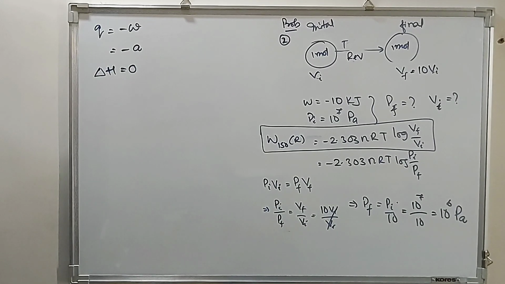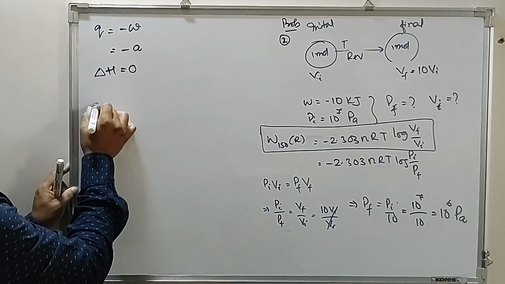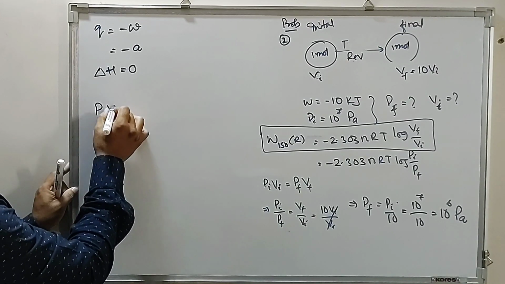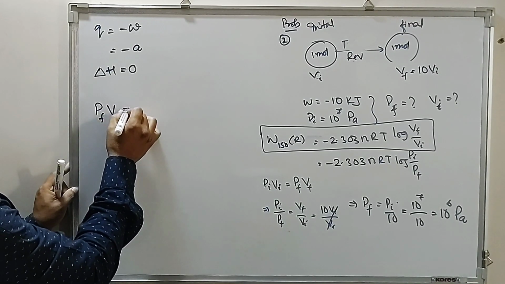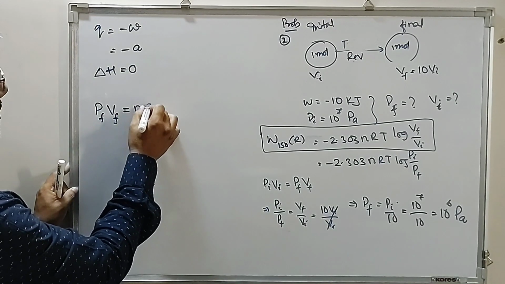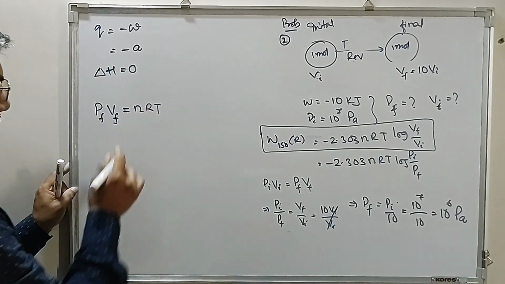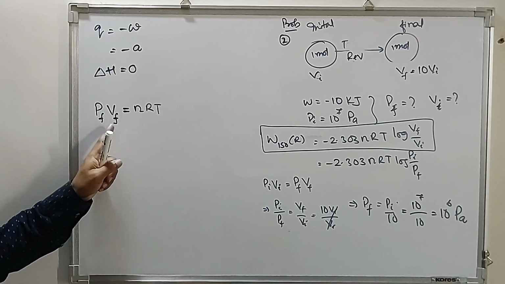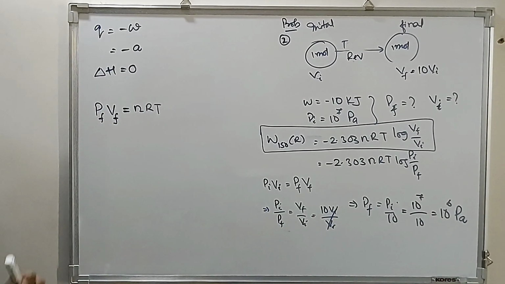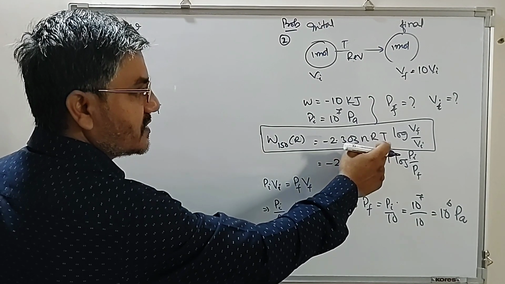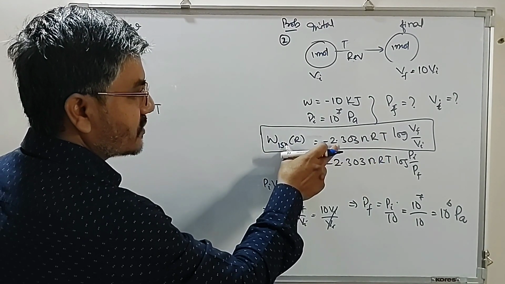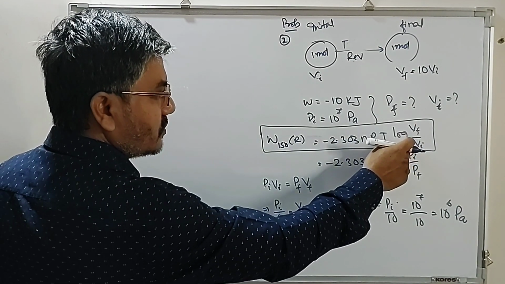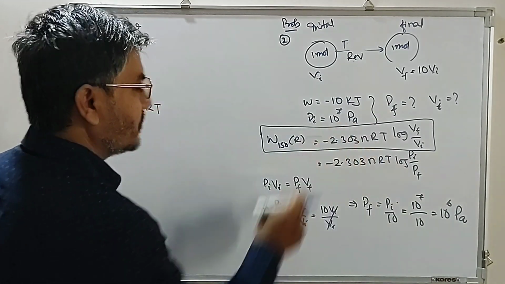So the ideal gas equation says pressure final into volume final is equals to nRT. So we have pressure, volume and RT. We can define temperature from this equation. So work done isothermal, this ratio is given to you. We have to find the values of temperature here.